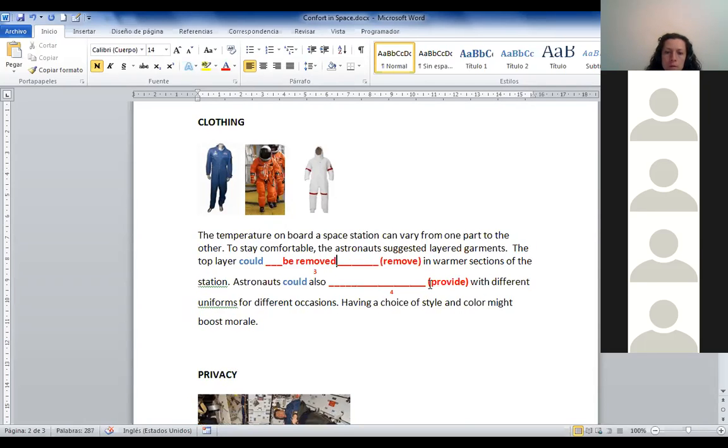Okay, thank you, Angie. A different person, please, for gap 4. Of course, astronauts could also be provided with different uniforms. Exactly.